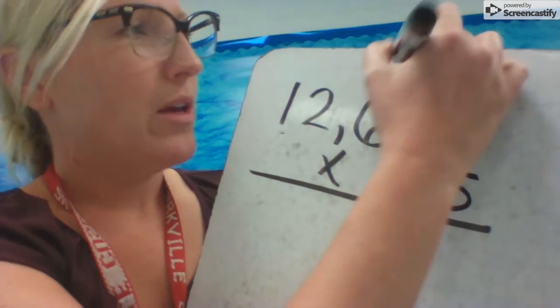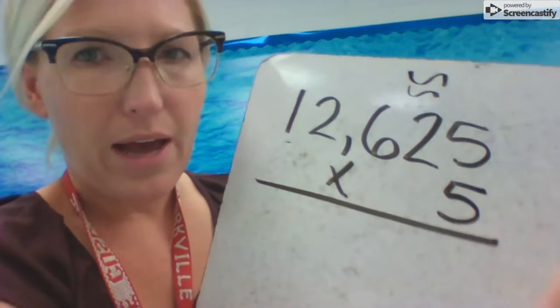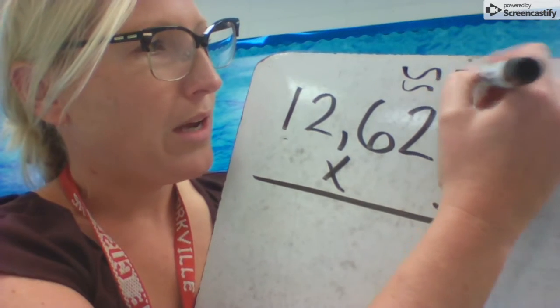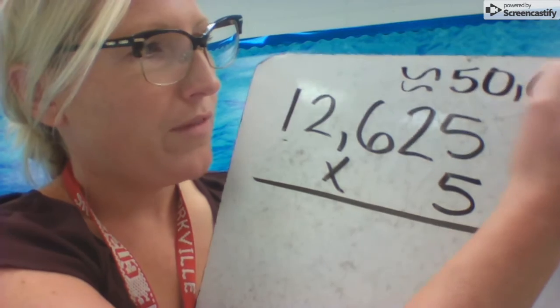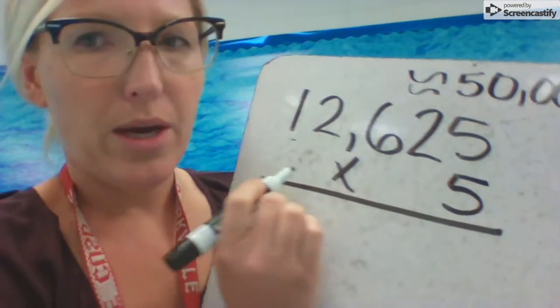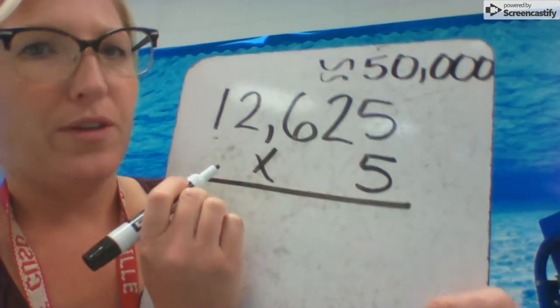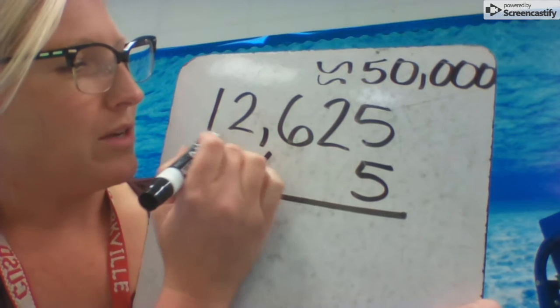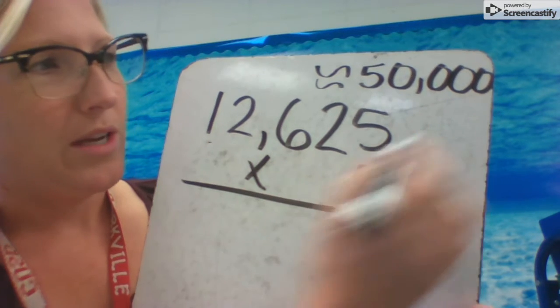So I know this is the about symbol in math. I know my answer should be about 50,000, but I know it's going to be a little bit higher because it's not just 10,000.